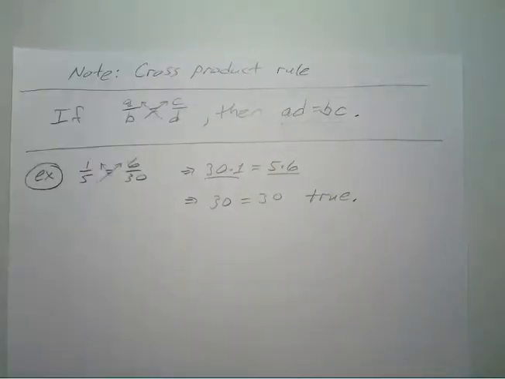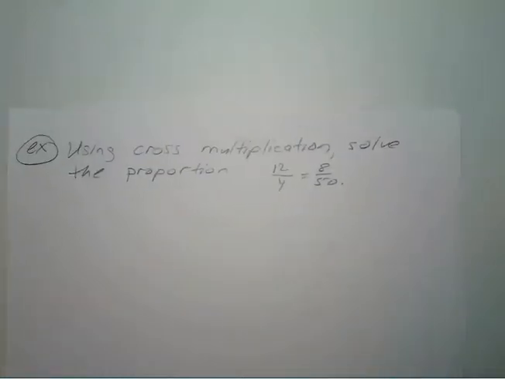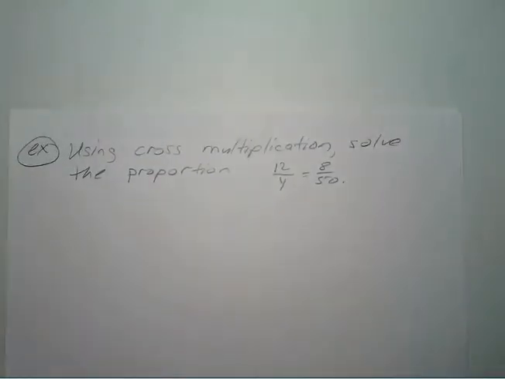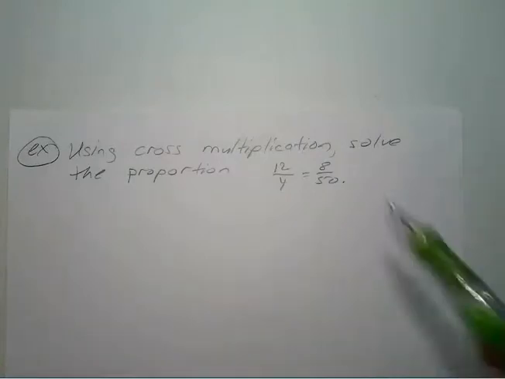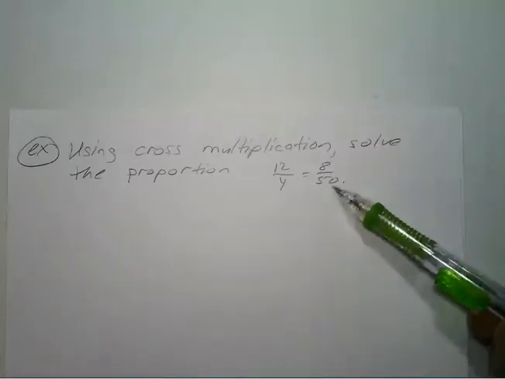If you're still writing, feel free to press pause, but we're going to go ahead and start on the new example. Using cross multiplication, solve the proportion 12 is to some unknown y as 8 is to 50.